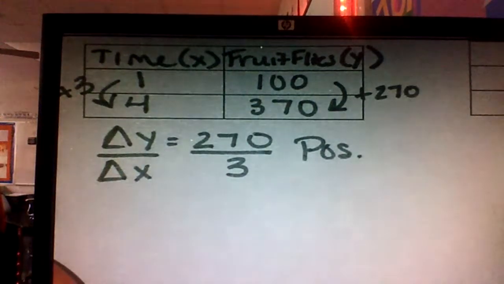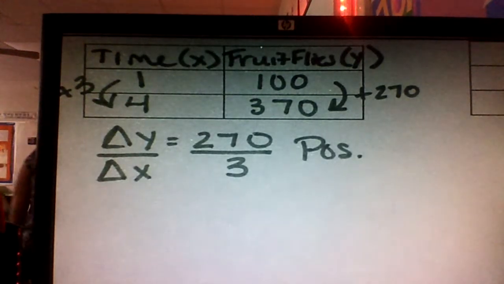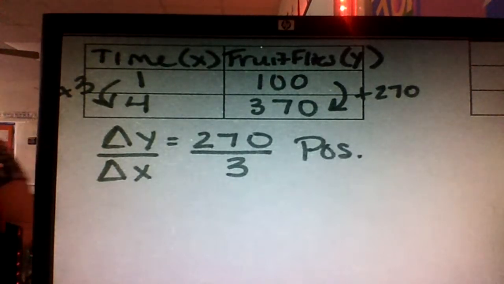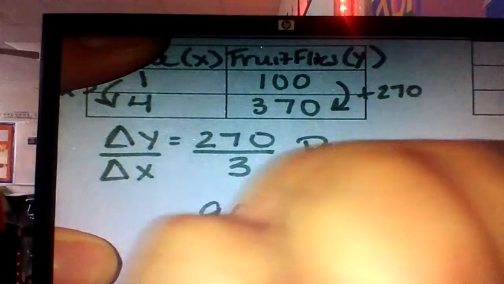Okay, this is also positive. What's 270 divided by 3? What is 27 divided by 3? It's 9, which means 270 divided by 3 is 90. So 90 over 1.